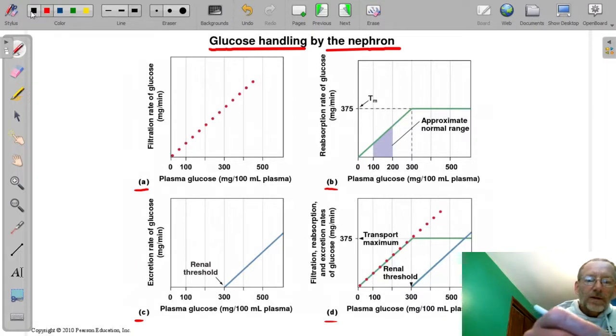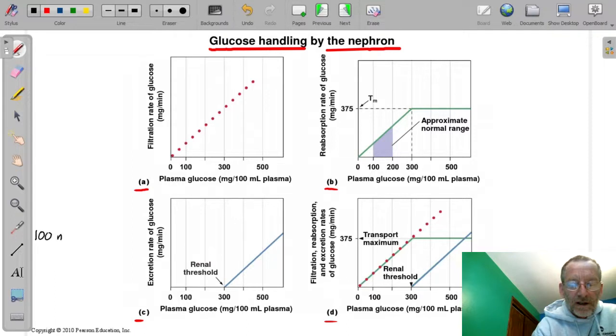So you should probably be familiar with a deciliter. So 100 milliliters equals 1 deciliter.